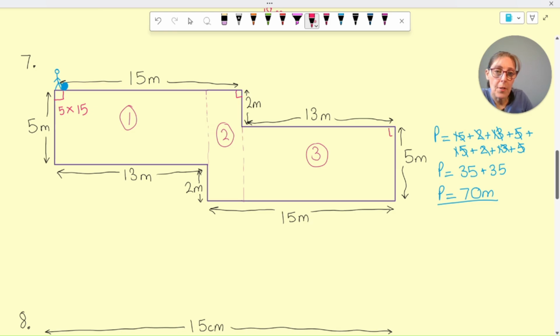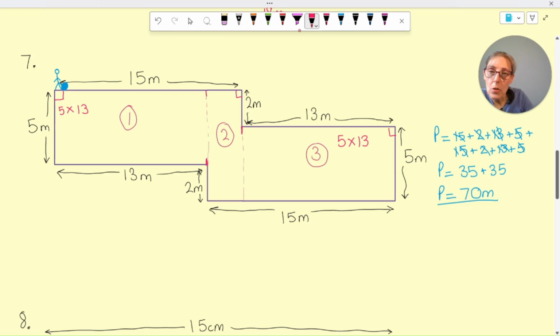Let's do number 3 first. That one's 5 times 13 as well, because 13 stops there, doesn't it? And here the 13 stops there. So it's not 5 times 15, it's 5 times 13. I made a mistake. I was looking at the one at the top and I made an error.